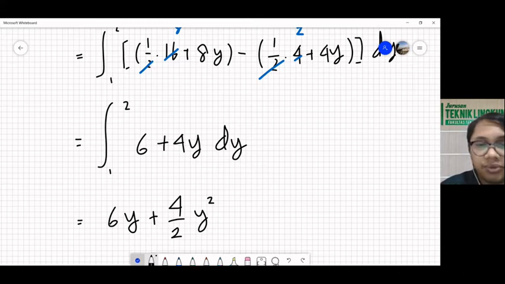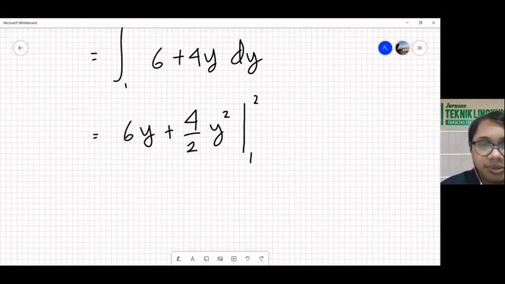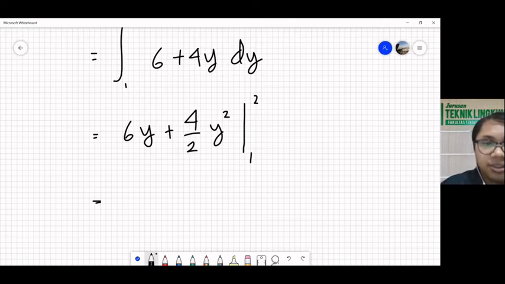So if you are confused with the integration, please review the basics of integration again. Then the limit is 1 and 2. Now we can solve this equation in the regular way.